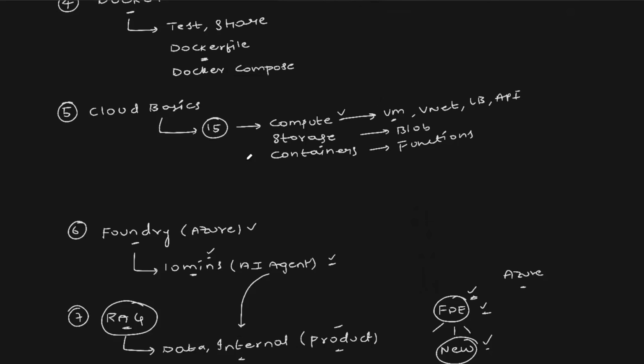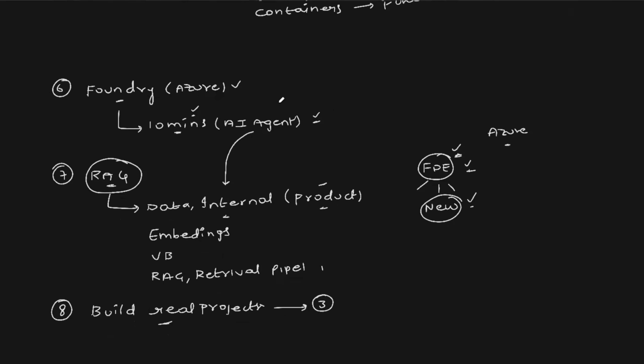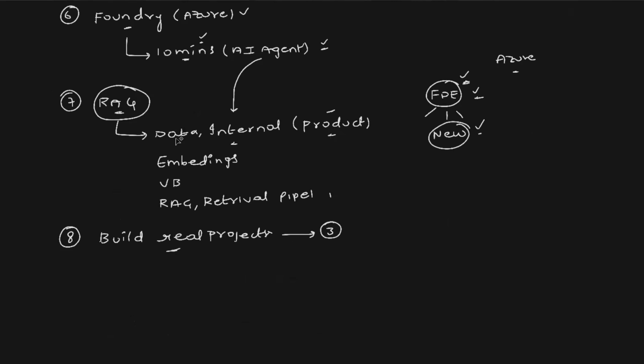AWS Bedrock is connected to AWS services, right? So you need to know the fundamentals of cloud. Then solutions like Microsoft Foundry, RAG, very, very important, and build some projects. That's it. And yeah, if you have worked with customers previously, your customer support experience or your SRE experience can also definitely help.